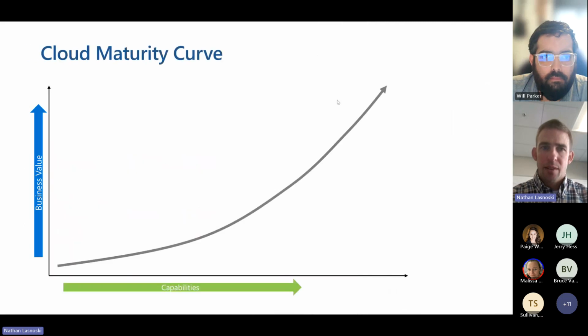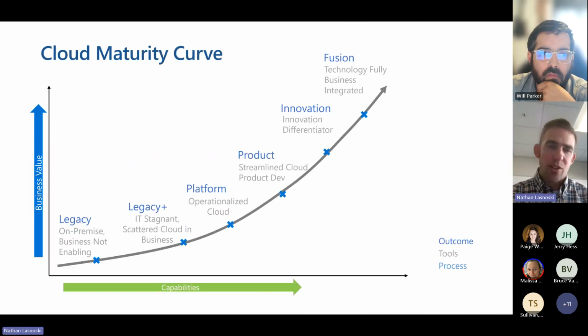Okay. So what we're going to start this conversation with is this idea of a cloud maturity curve. And I think it's important to understand where you're at in order to be able to improve it. And rather than just going into the 10 different domains that we're going to talk about today, I want you to just think about your environment as a whole and how it fits into some of these buckets.